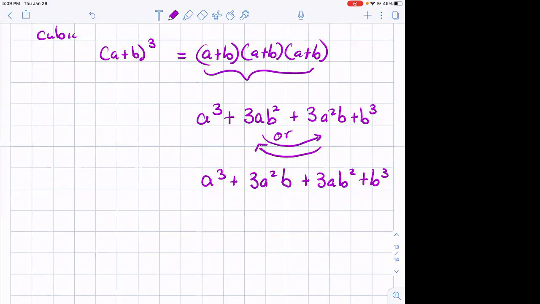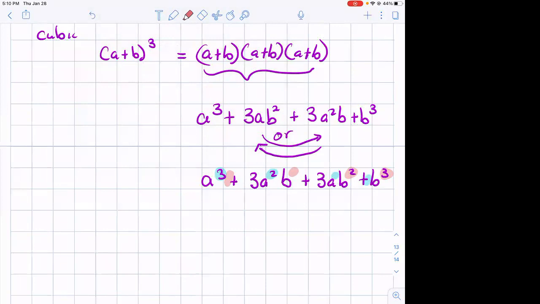What's unique, and I'm not going to get into the cubic formula right now, is that the power of a goes 3, 2, 1, 0, a to the 0 power, so we don't need to write it. And for b, it's b to the 3, b to the 2, b to the 1, b to the 0 power. So that's very unique about this.